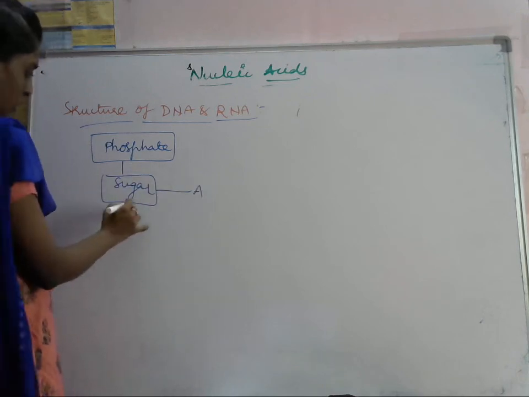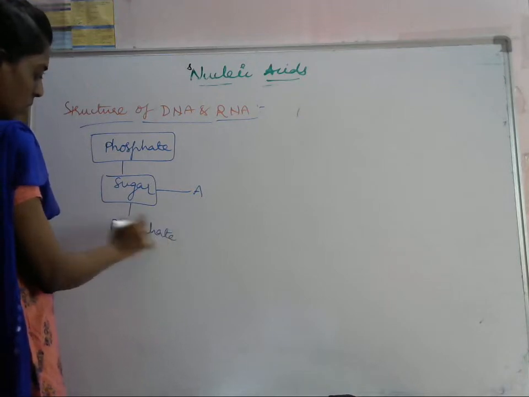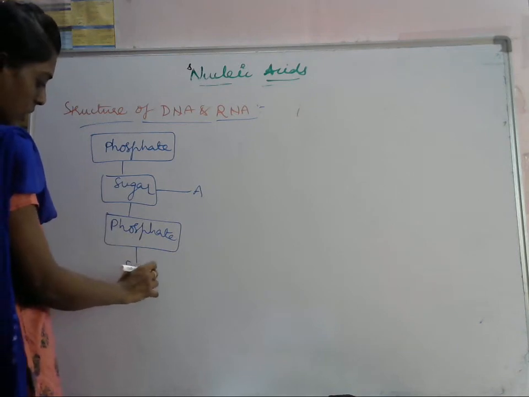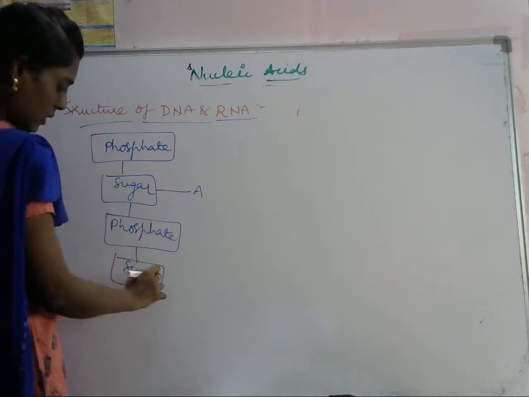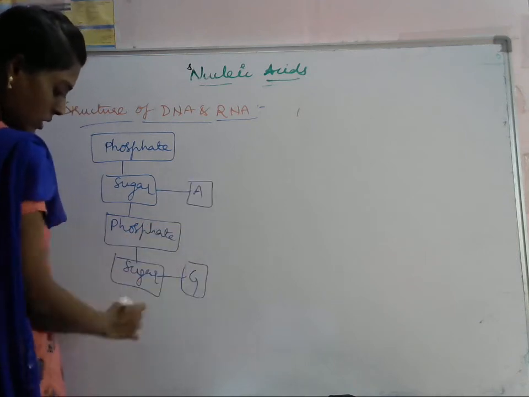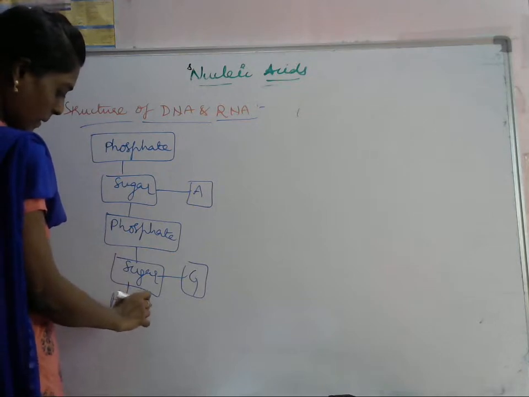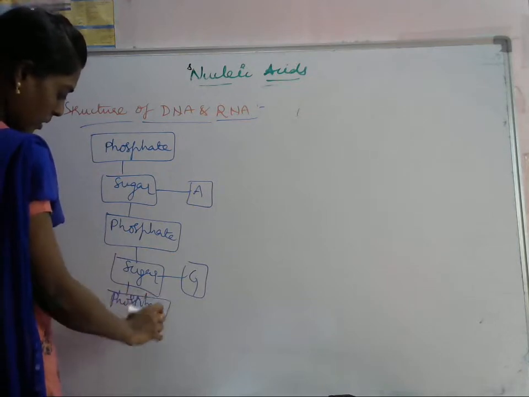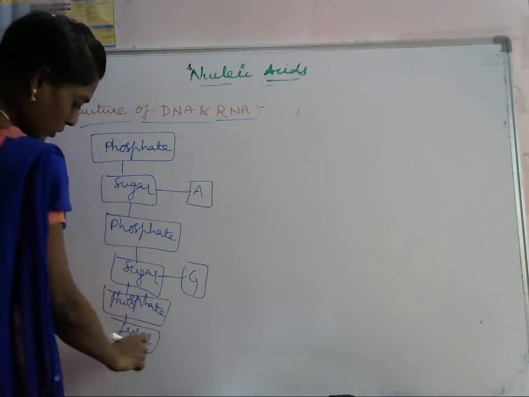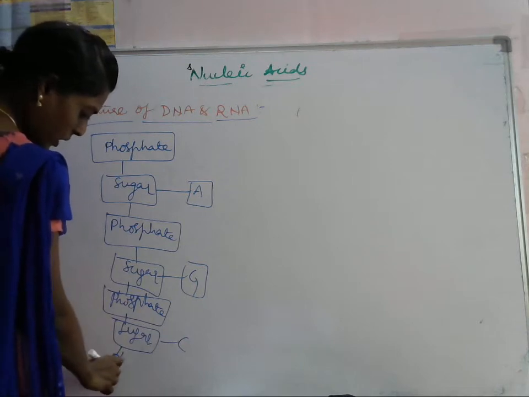Next phosphate, next sugar, which is G. Next phosphate, sugar, and this is a C, and the next phosphate, next sugar, thymine.